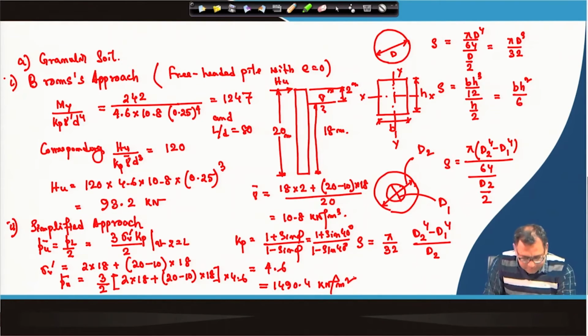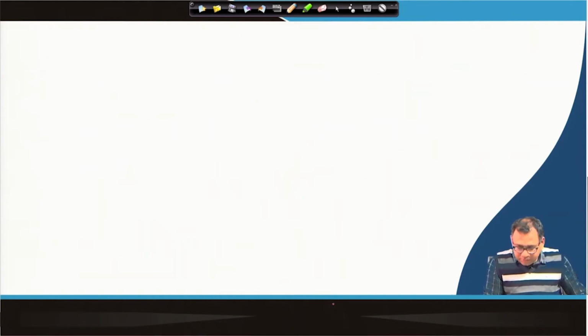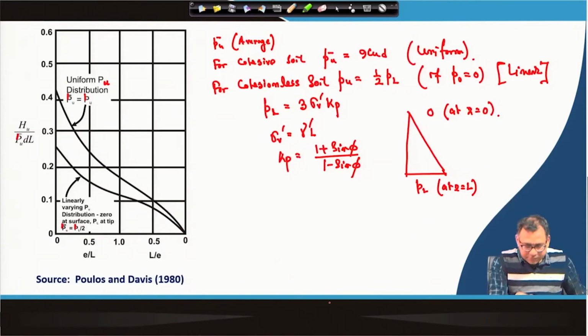So Pu bar is 1490.4. Now, for the linear variation curve and e by L equal to 0, Hu divided by Pu bar d L is equal to 0.25.